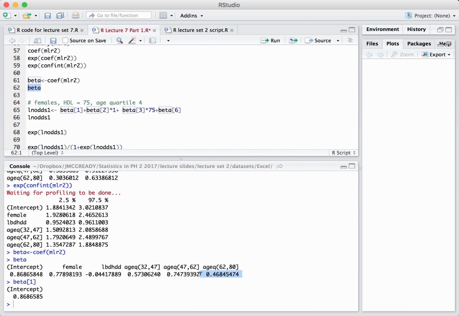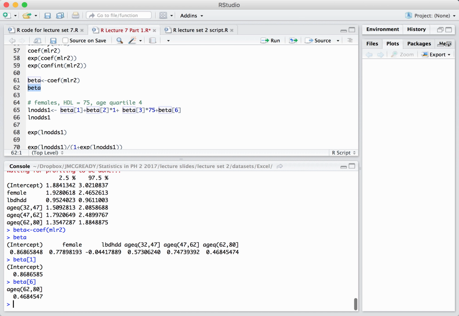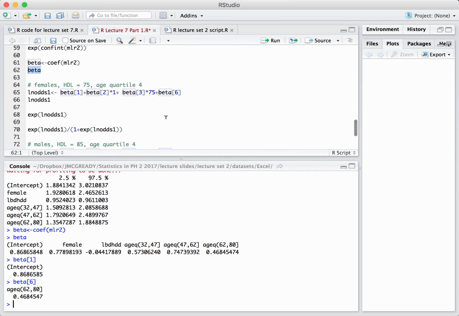If I want the slope for age quartile 4, I can type beta and then in square brackets, that's the sixth column of this vector, so I would get that. So I can still use R as a calculator, but I don't have to hand type in the numbers, and I can actually get it to do the computations for me without me actually typing in the coefficients, etc., if I pull them from this beta object.